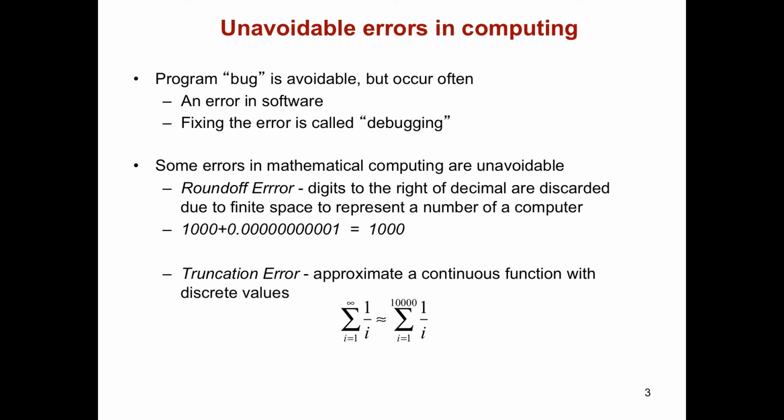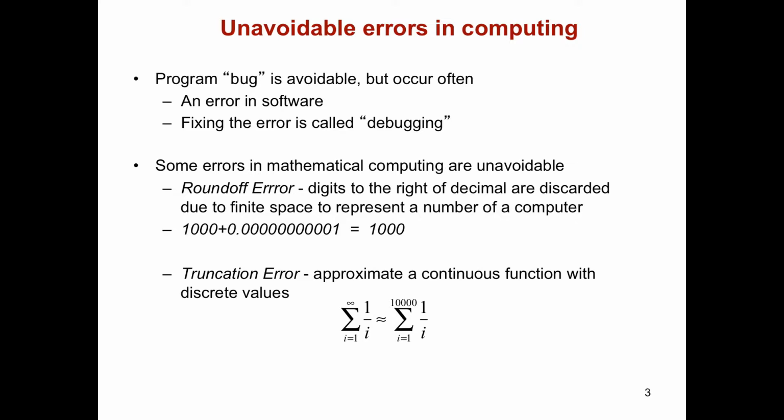Those two might each have a very good representation on a computer individually, but once I start adding them, that addition doesn't have any more, and that will make sense in a moment when we go over the details. So this might simply get rounded to 1,000, so I may as well skip doing this addition.